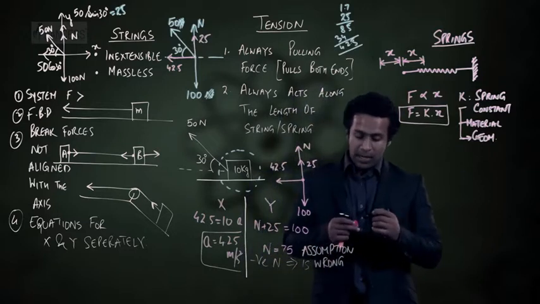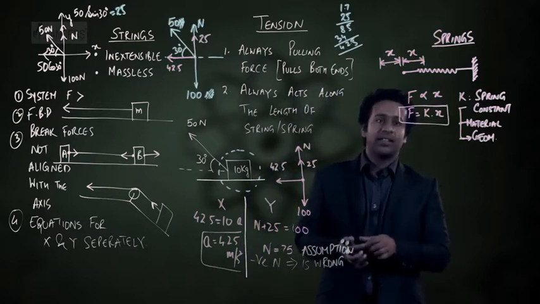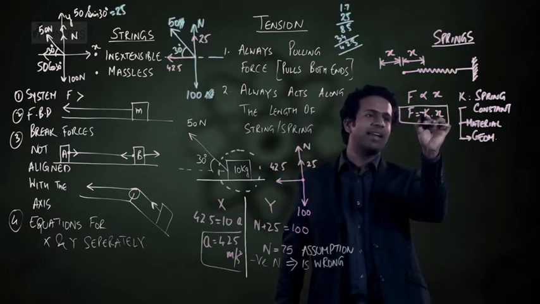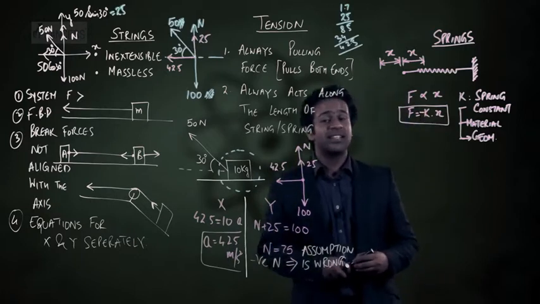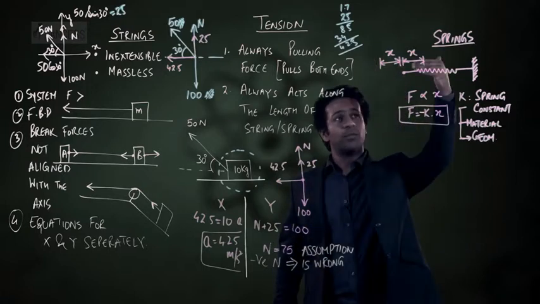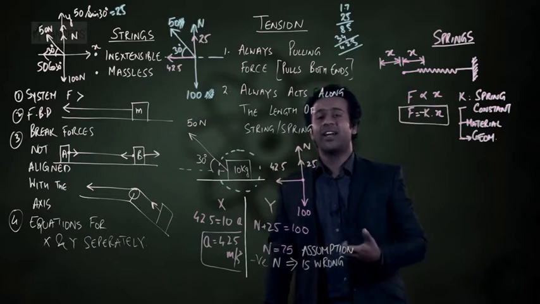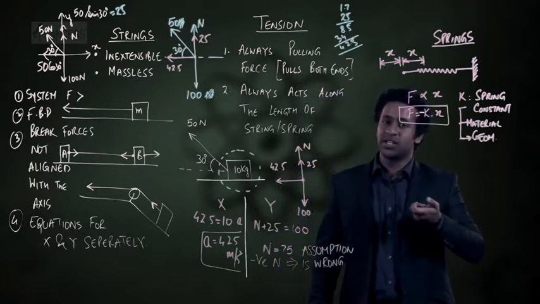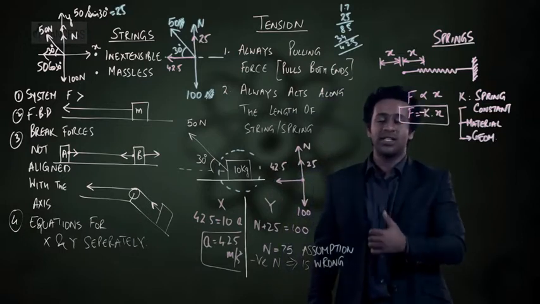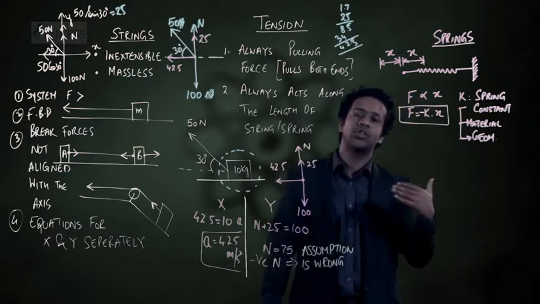Right. Now, to be very correct, this force is given by the expression F equal to minus Kx. The minus sign implying that if you stretch it by x, if you move the spring outwards, it will exert a force towards the right. Right? So if you pull it outwards, the force is inwards, and if you push it inwards, the force is outwards.